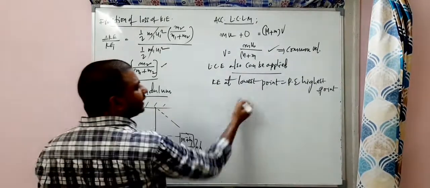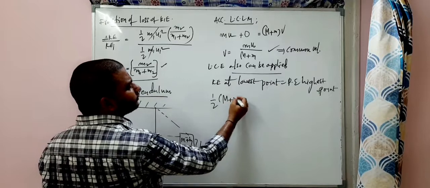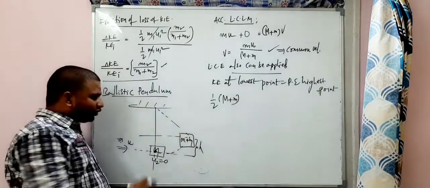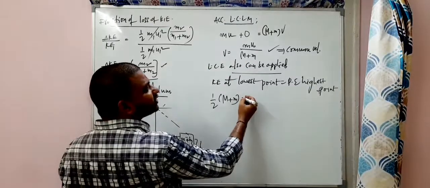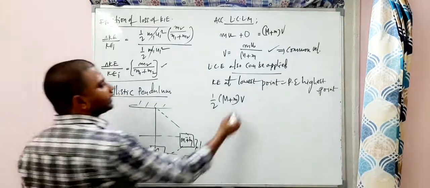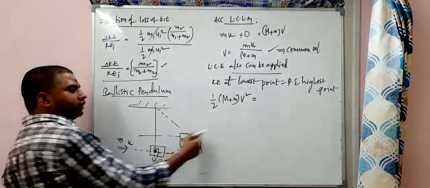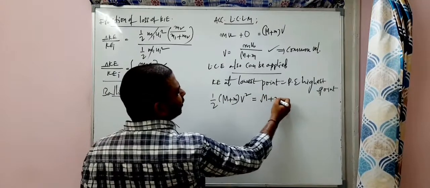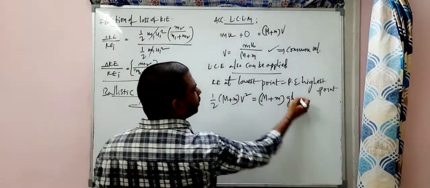So kinetic energy at the lowest point is half into M plus m, since both the bodies, bullet and block, are there, into V square. V square is the common velocity square, which is equal to the potential energy at this point. Potential energy at this point is capital M plus small m into g into h.